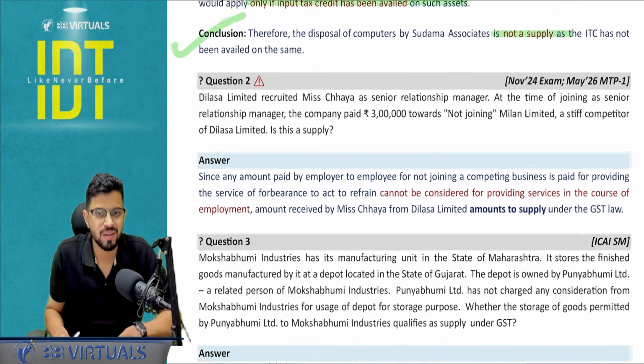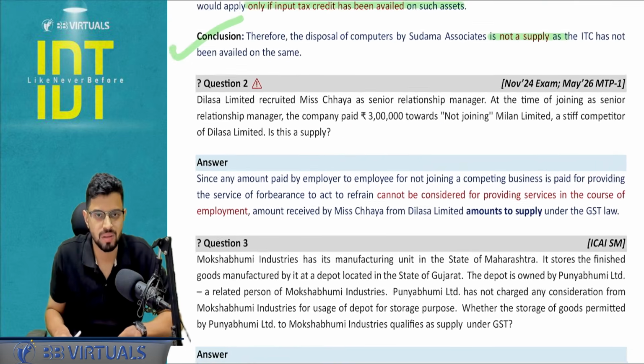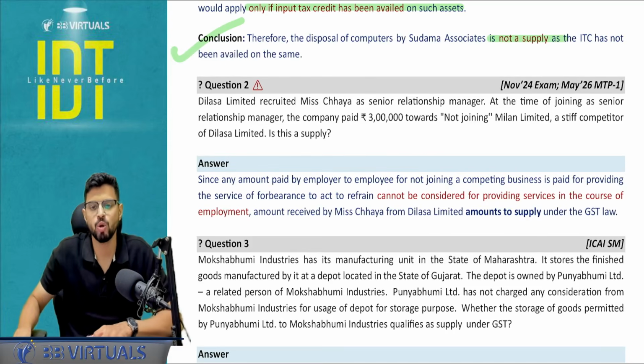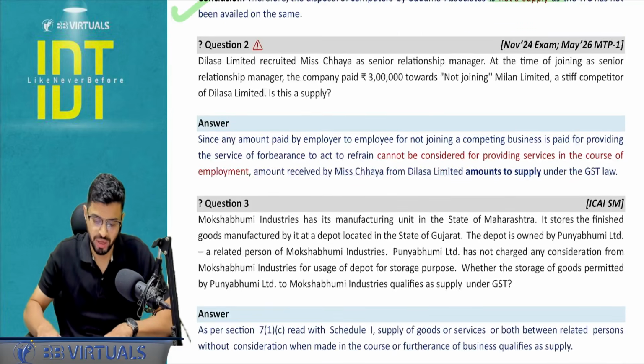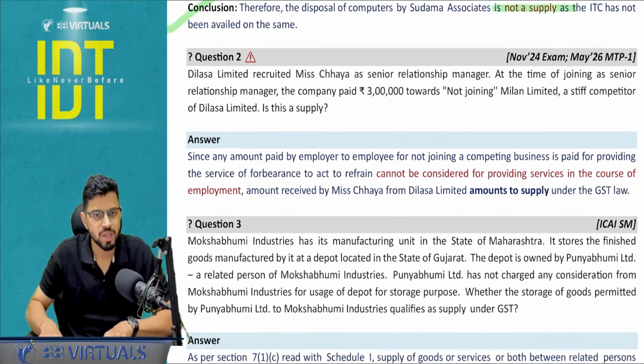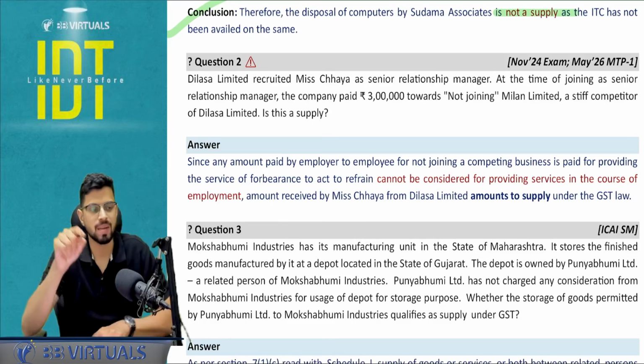Question number 3, do it right now. I'm not changing the screen. Question number 3, you do it right now. I hope you're able to read it. Tell me, is it a supply or not?